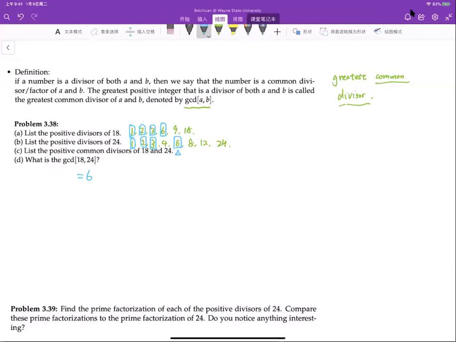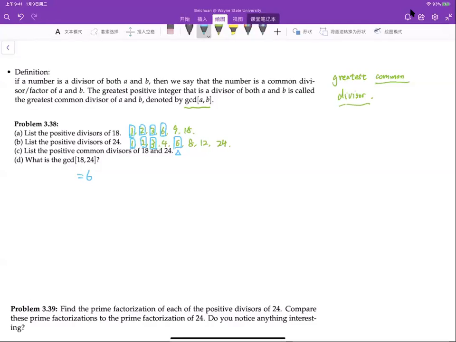All right, any questions so far? Actually, this is a question to see the existence of such a number. No matter what the two numbers are, you can always find some common divisors.